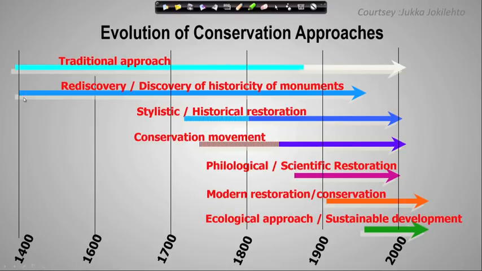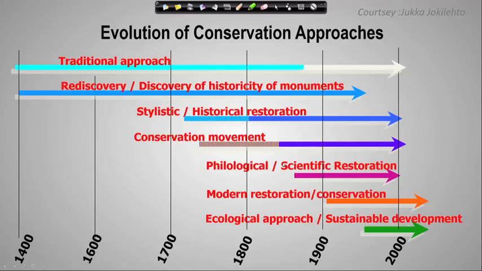And also from that time onwards and up to the middle of the 20th century, there is a rediscovery or discovery of the historicity of the monuments, which almost discontinues in the middle of the 20th century. Then we also see another movement, the stylistic or historical restoration, and the conservation movement, which started in the middle of the 19th century and continued.